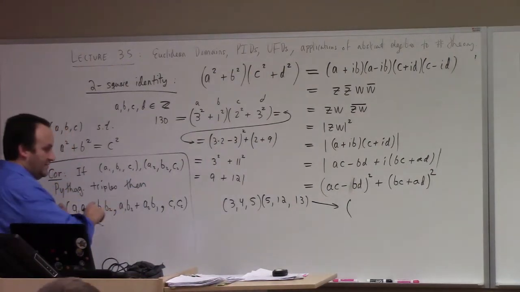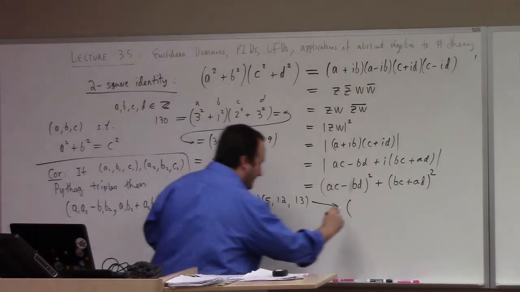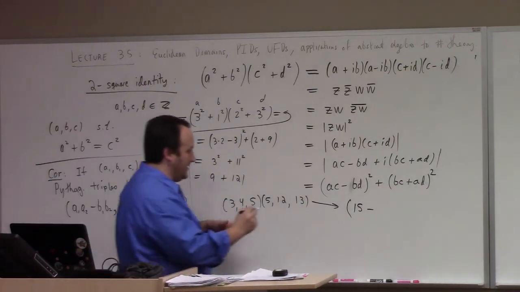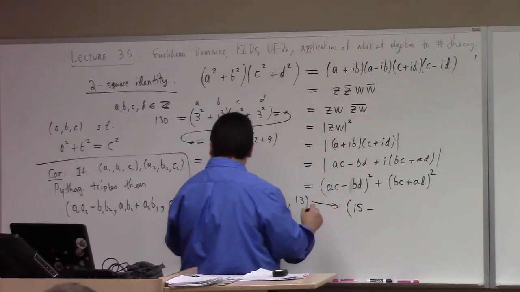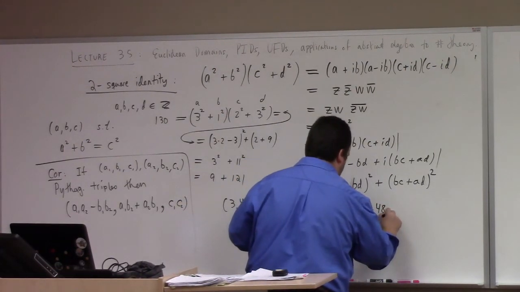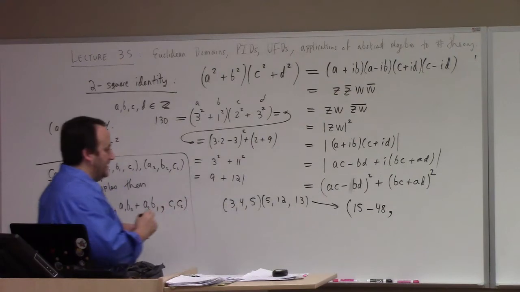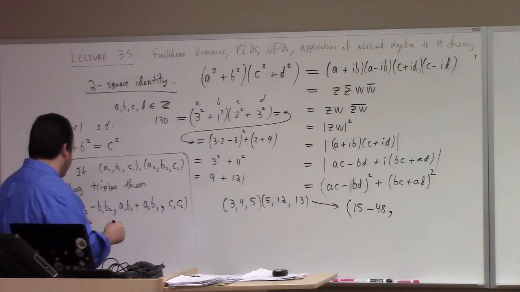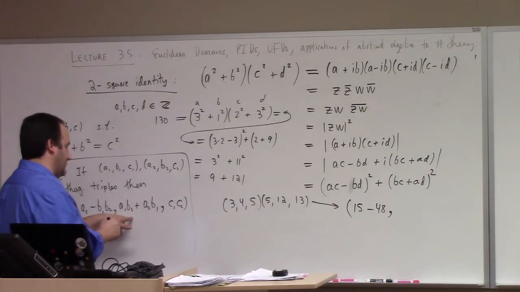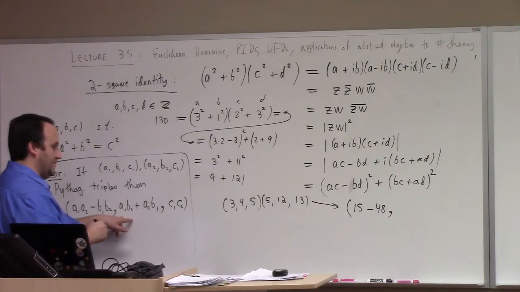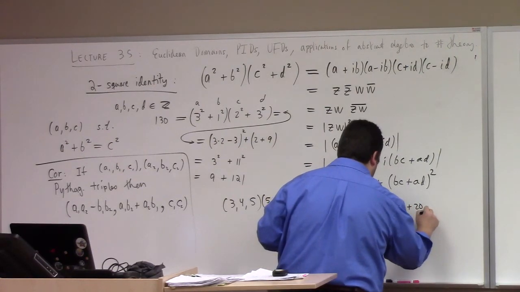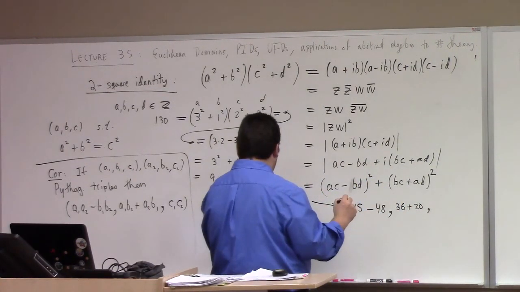You do 15, right? Minus 48. Is that right? Huh. I guess they could be negative, whatever, right? Then what else we have? A1, B2, so that's 36. 36 plus 20, is that right? And we got 5 times 13, which is 65.